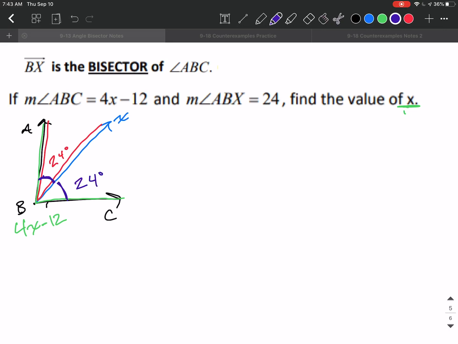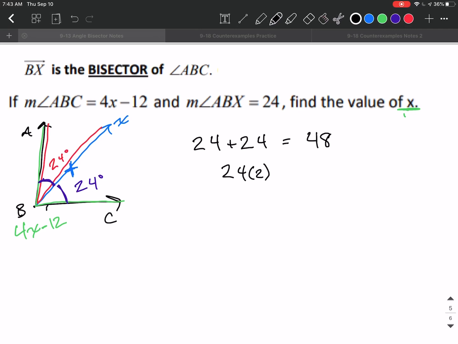So like I did on the last problem, I can add both of these together. So I have 24 plus 24 equals 48. I also could just do 24 times 2, since I have two angles, and get 48 as well.